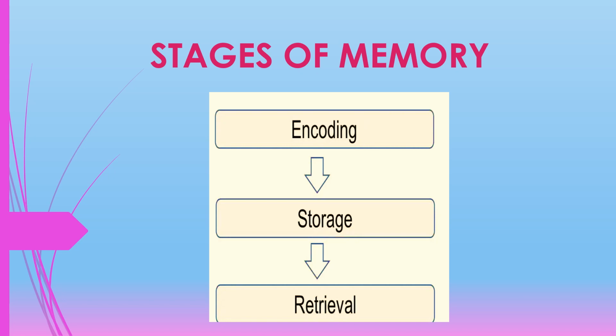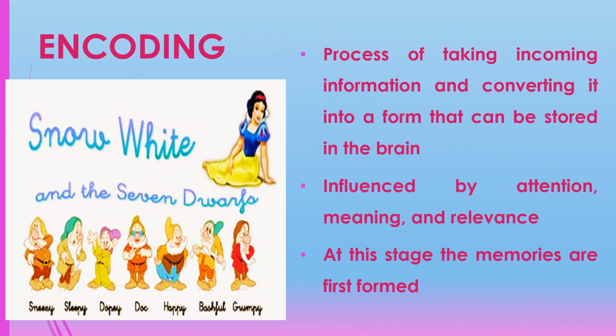The process of memory can be divided into three stages: encoding, storage, and retrieval. Let's see the three stages in detail. First stage is encoding. What is encoding? It is the process of taking incoming information and converting it into a form that can be stored in the brain.